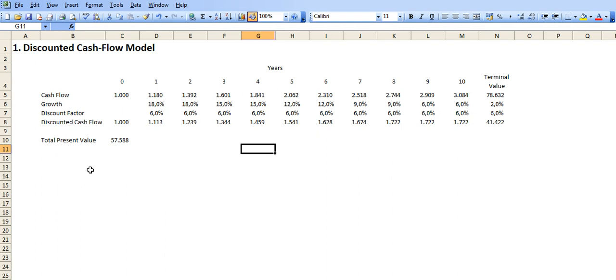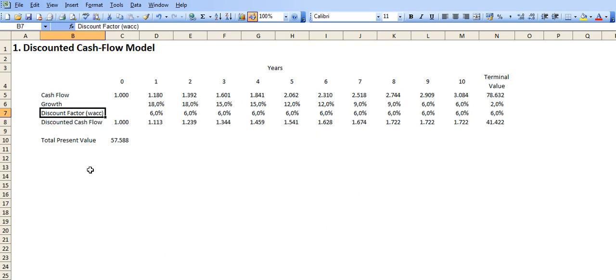Why it's called weighted average cost of capital is because, let me put it here also so that you know what I'm talking about, some companies are funded by equity and some companies are funded by debt, but most companies are funded by a mixture of both of these. So they both take debt and equity.